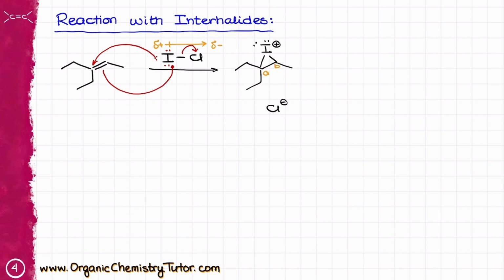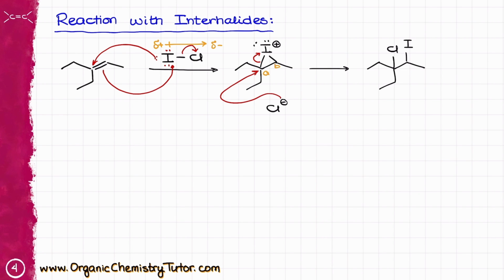It's going to happen on the atom A. So I will show that chlorine is attacking right over here, and the electrons go back to iodine. So once we open this halonium ion, we are going to end up with a final product like that.